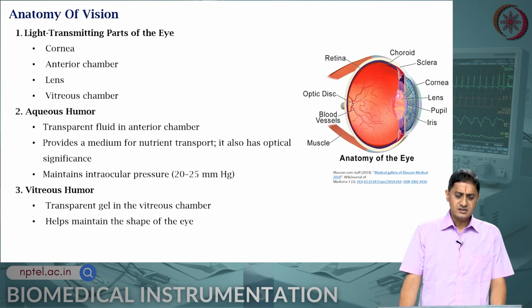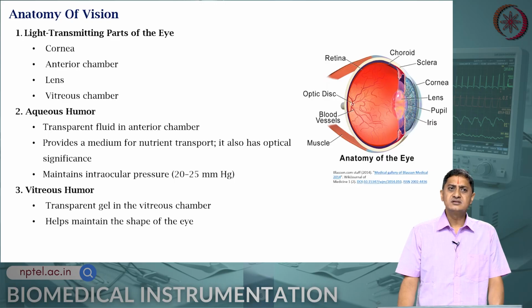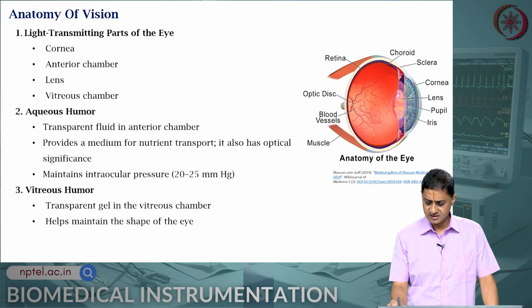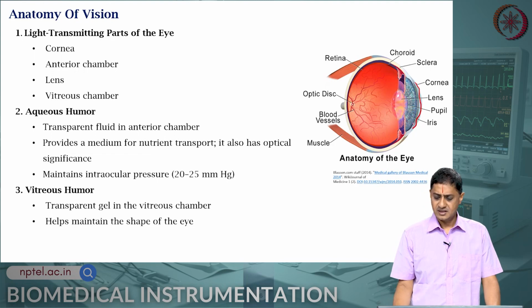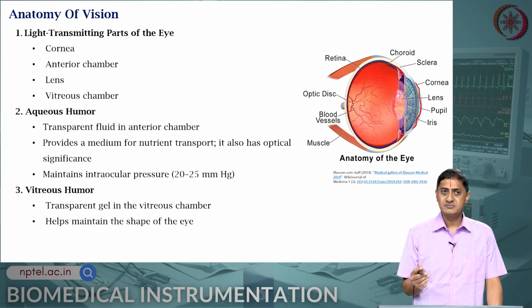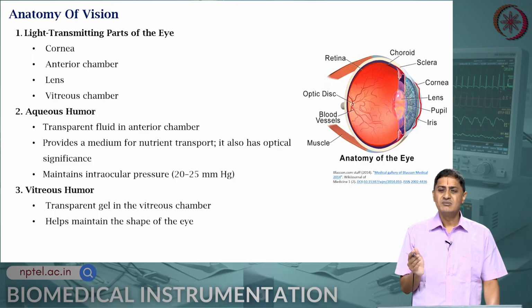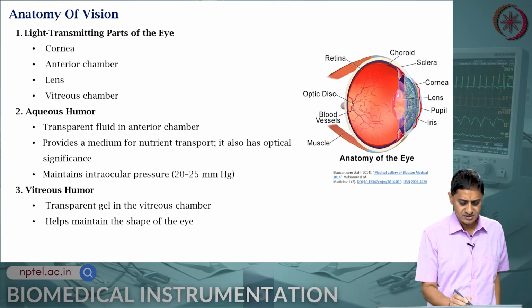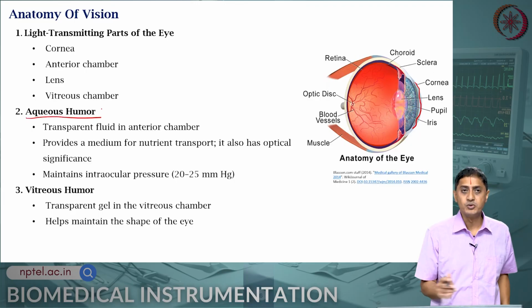The following are the light transmitting regions of the eye. First is the cornea, which is the outermost layer that is located here. And then there is the anterior chamber or the aqueous chamber. Between the cornea and the lens, there is the anterior chamber containing the aqueous humor.